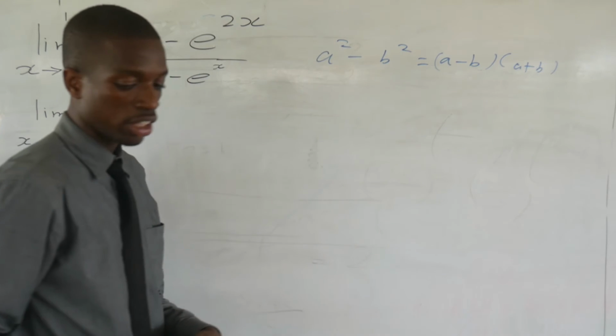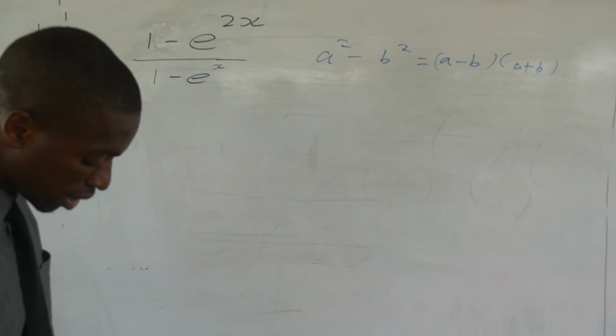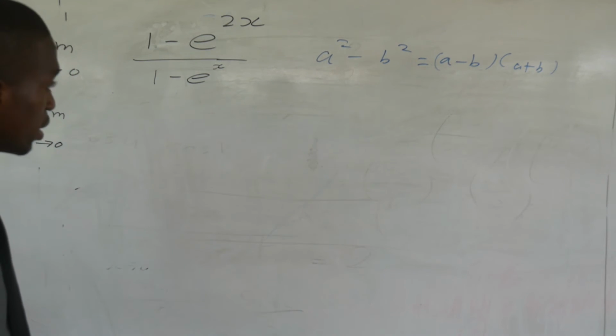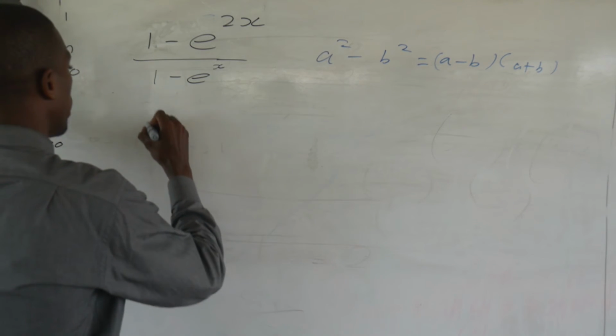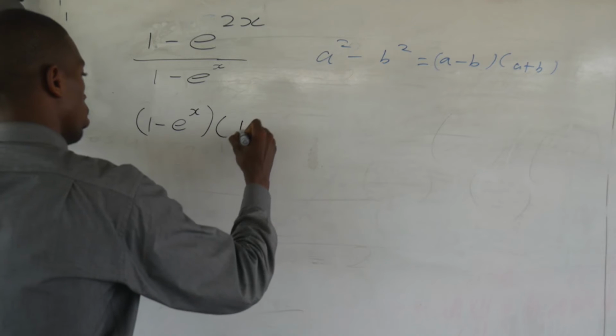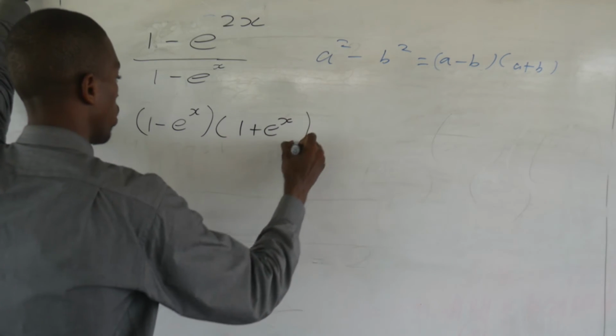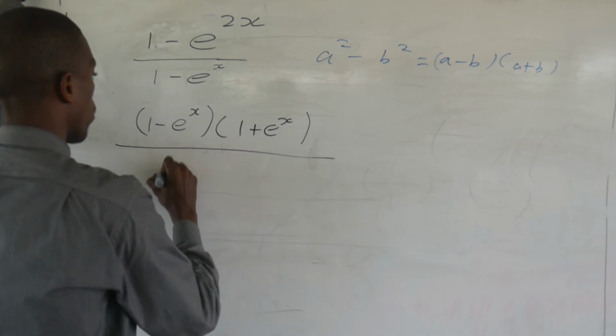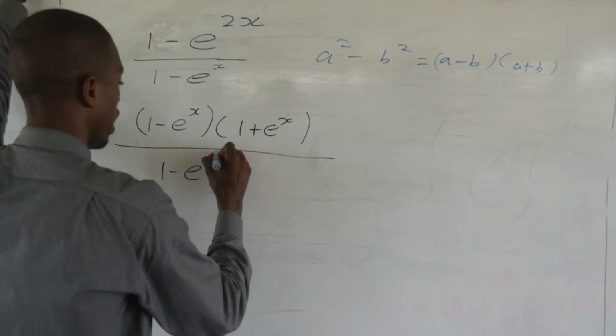And we recognized e to the 2x as being e to the x squared, e to the x times e to the x. So this is the same as 1 minus e to the x, 1 plus e to the x, all over 1 minus e to the x.